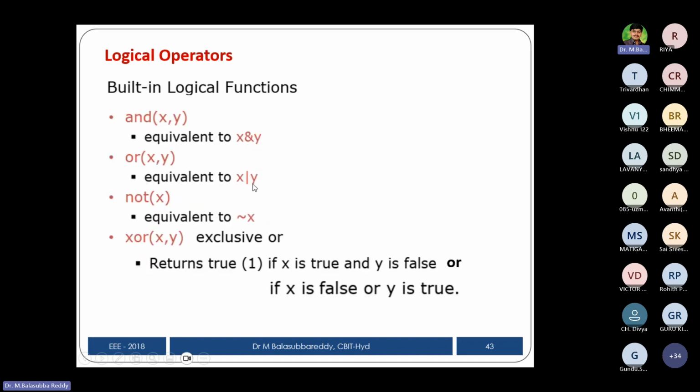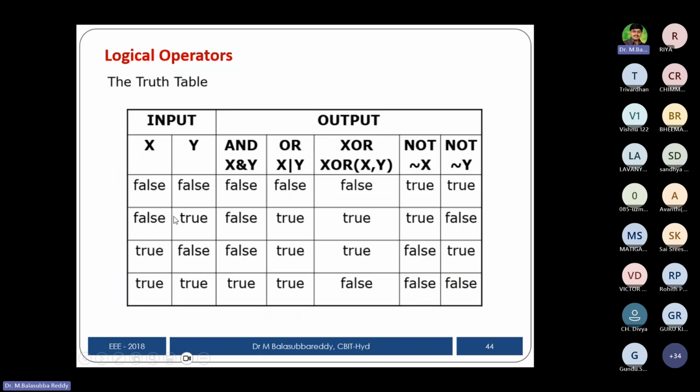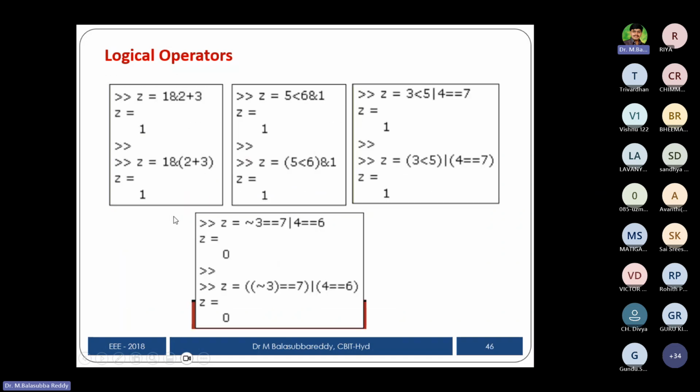Not only the and symbol, you can use the or symbol or the not symbol. For that there is a truth table. It's not much required, but you can see here: z is equal to 1 and 2 plus 3. 2 plus 3 is 5 and it is 1. Both are positive, meaning non-zero values. That's why it is written 1. In another case, 3 less than 5 or 4 is equal to 7.